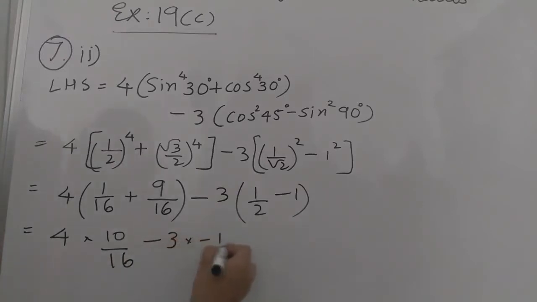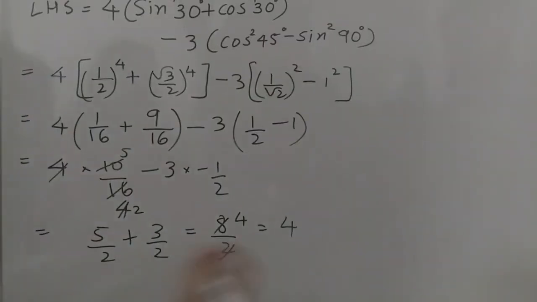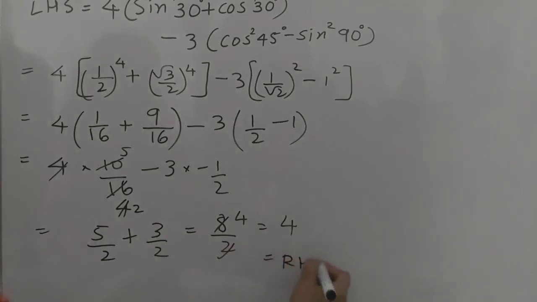So it will become minus 1 by 2. So now we cancel these 4s, and this is 5 2s are 10, and 2 2s are 4. So 5 by 2 minus minus plus 3 by 2. So in the numerator 5 plus 3 is 8 by 2 and solving it we get 4, which is our right hand side. What is given on the right hand side? 4. So we got our right hand side as 4. So we have completed 7th question part 2.